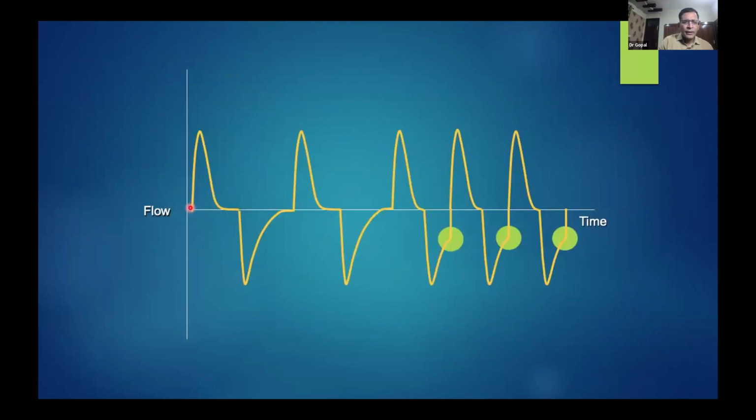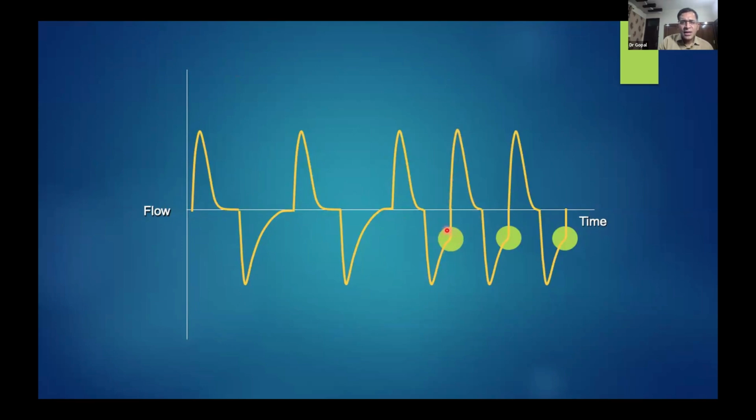So normally flow should come here and it should go back to the baseline. Okay, it should touch this baseline. Suppose you see a graph where inspiration is okay, but expiration ends suddenly here and then inspiration starts.